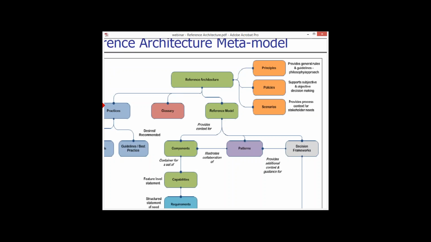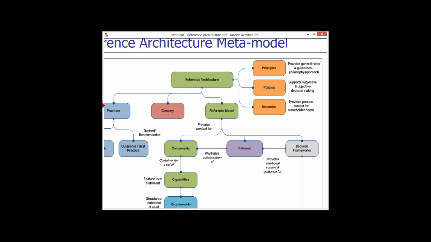The idea here is, if you're thinking about developing a reference architecture that has a lot of strategic significance for your organization, that a lot of people are going to look at, and that's going to be a key factor in getting the results you want from upcoming projects, you can use this diagram.